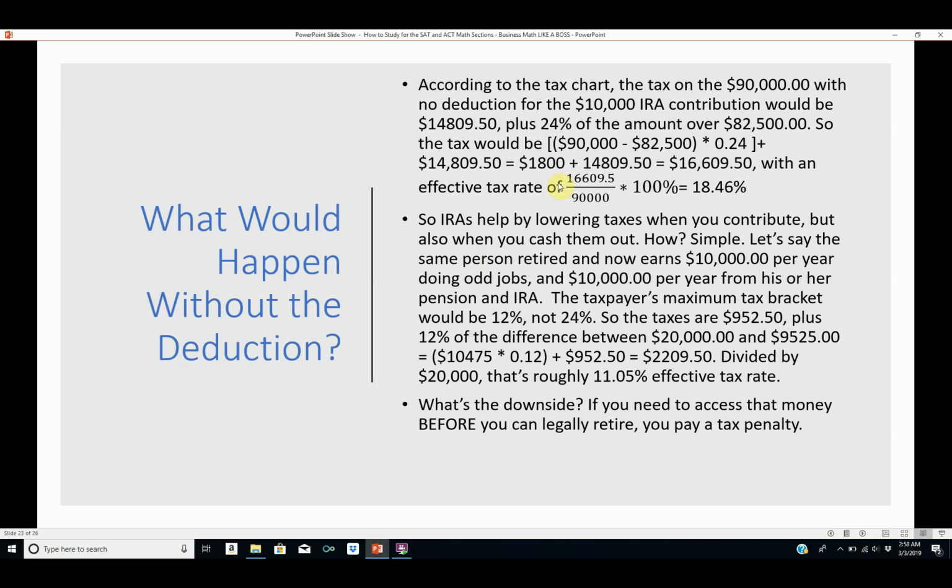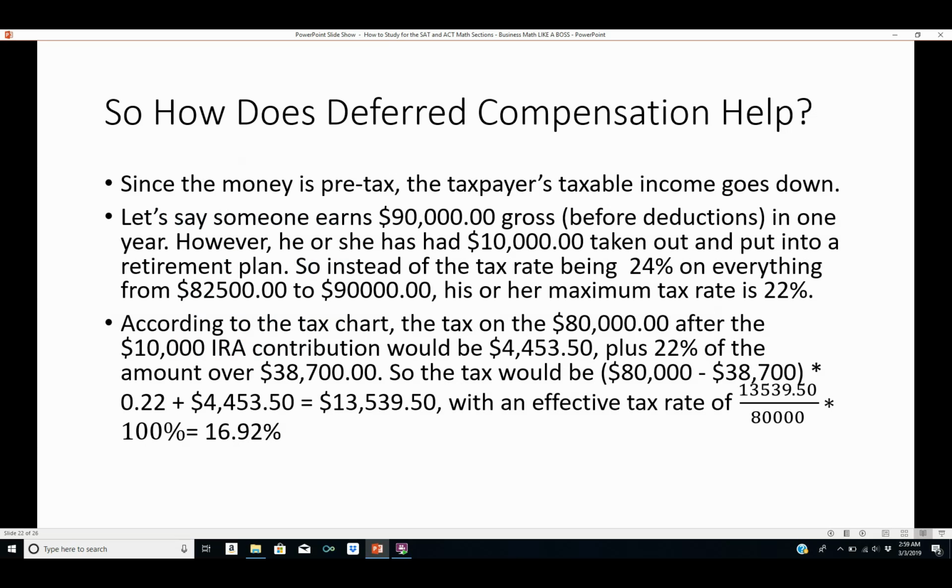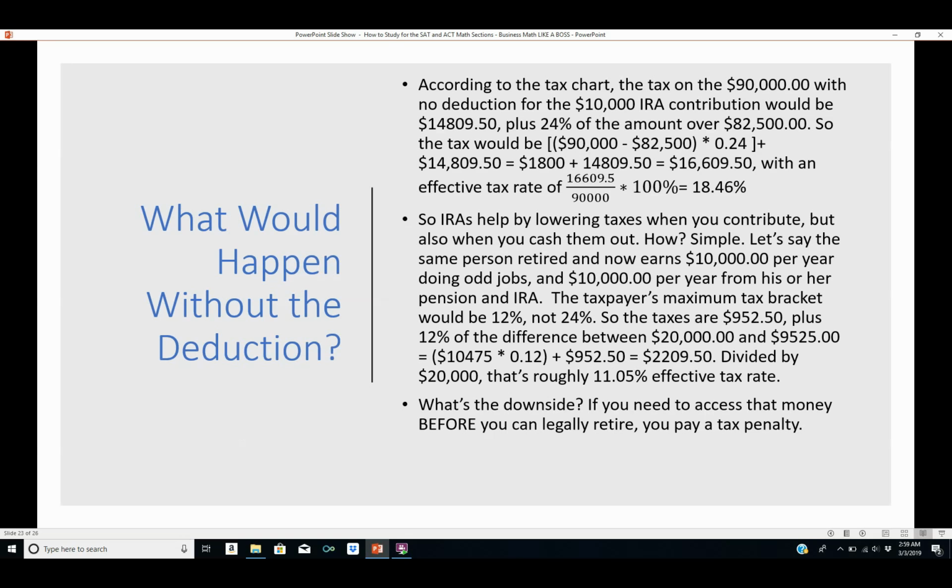So the tax itself would be $90,000 minus $82,500 times 0.24 plus $14,809.50, which is $1,800 plus $14,809.50, which is $16,609.50, with an effective tax rate of $16,609.50 over 90,000 times 100%, which is 18.46%. So the IRA reduced the taxes you pay to the IRS from 18.46 to 16.92%. So that's pretty good.